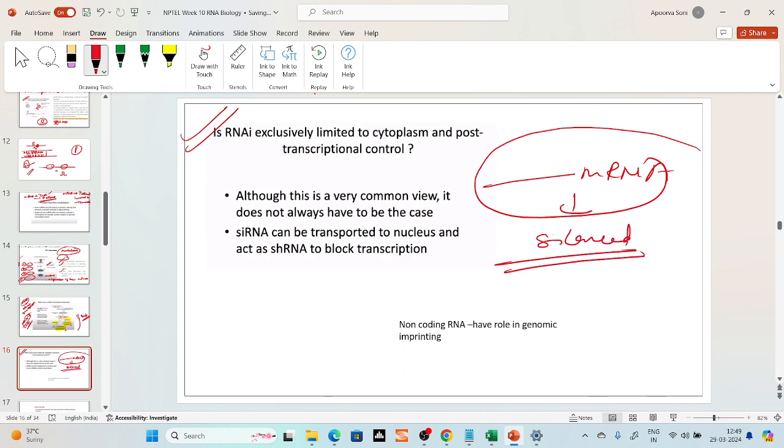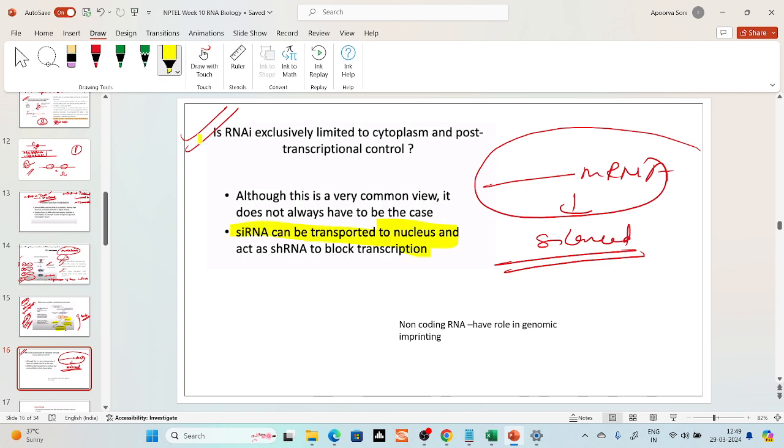Either it is cleaved with the help of siRNA or translation is repressed with the help of miRNA. But now comes the question: is it always a post-transcriptional control which happens in the cytoplasm, or does it happen in the nucleus also, where it blocks the transcription itself? Although the former is a very common view, it does not always have to be the case. That means siRNA can be transported to the nucleus and act as shRNA to block the transcription. This is very important.